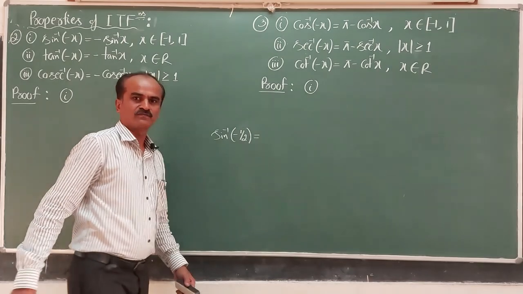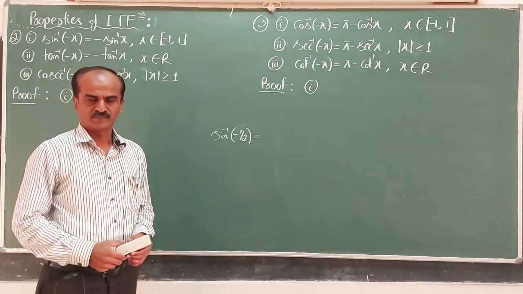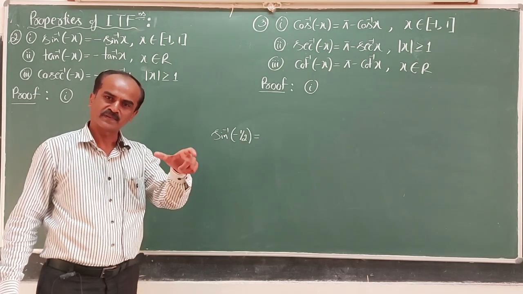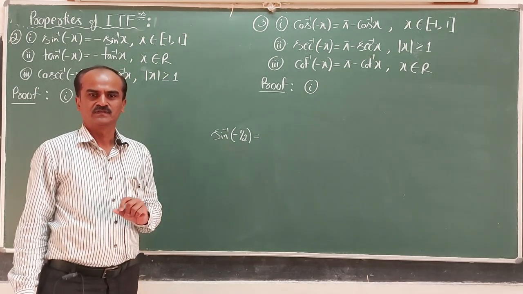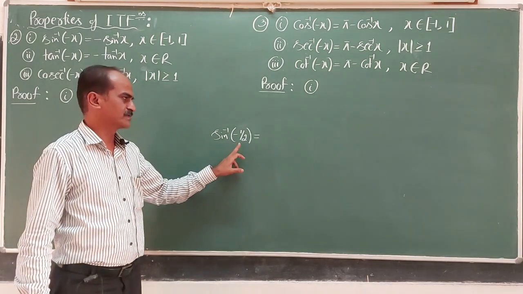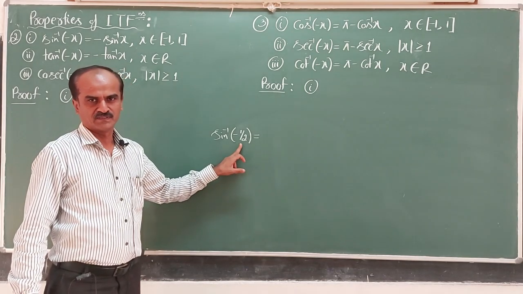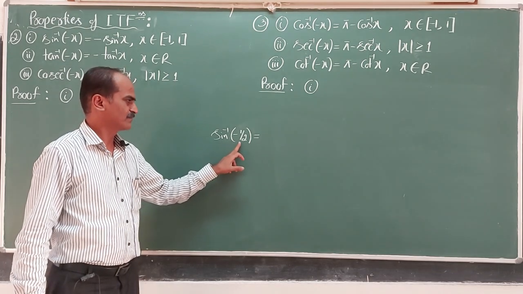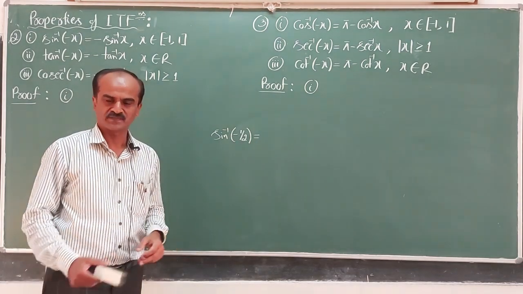Sin inverse of minus 1 by 2. We are trying to find an angle in the range minus pi by 2 to pi by 2, such that the sine of that angle gives us minus 1 by 2, and it was minus pi by 6. So sin inverse of minus 1 by 2 gives us minus pi by 6.